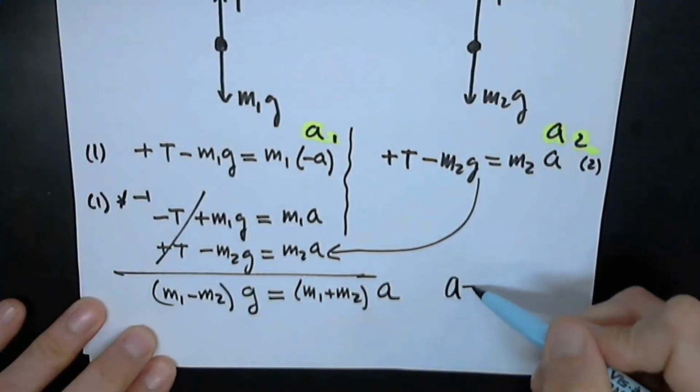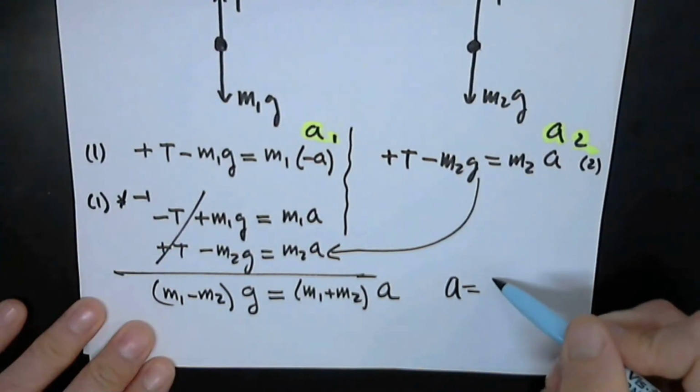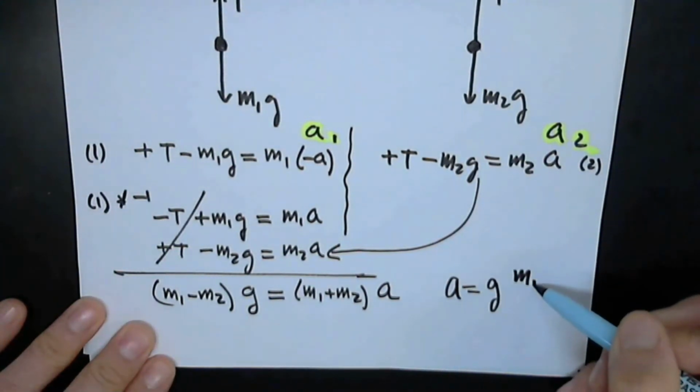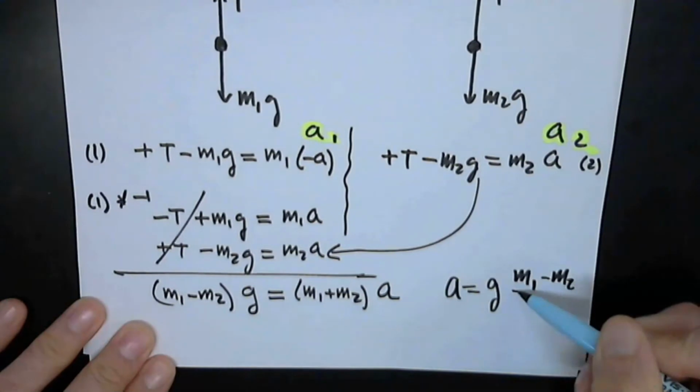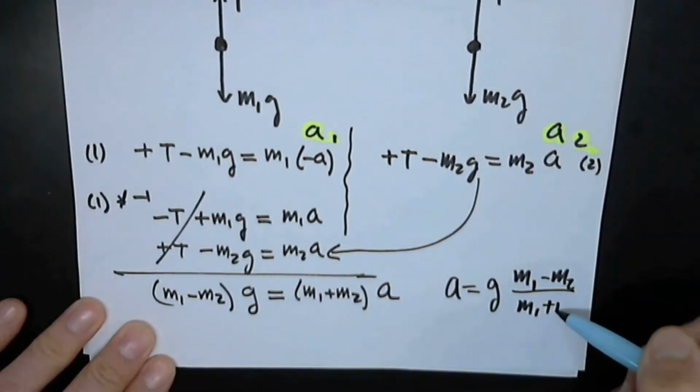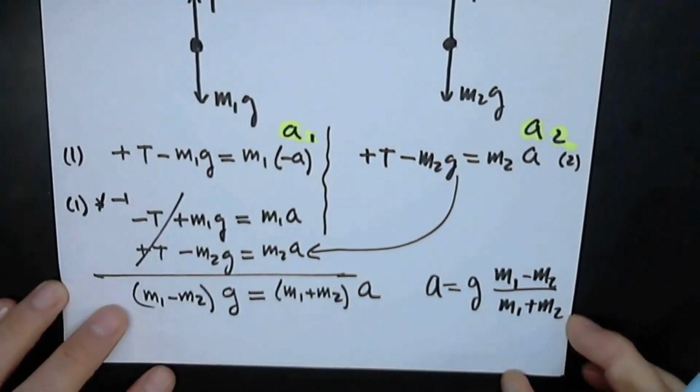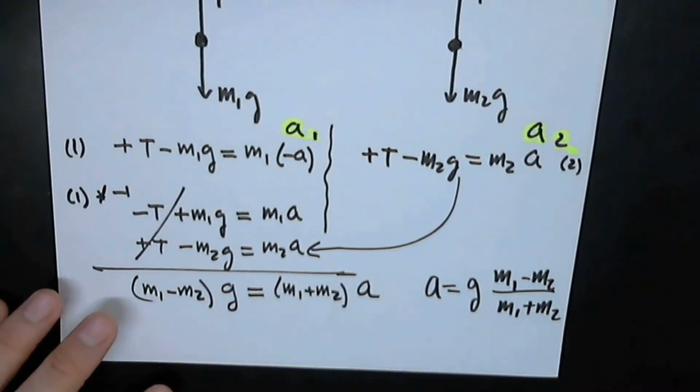So here we get an acceleration that is G times this difference divided by this sum. So if you make the masses very close, the acceleration becomes small.